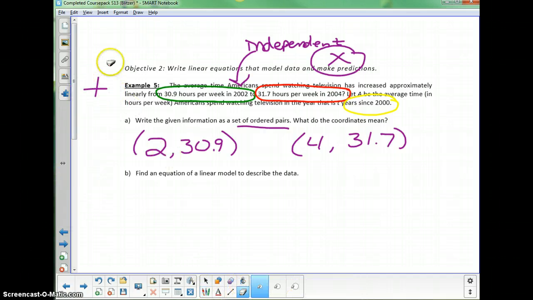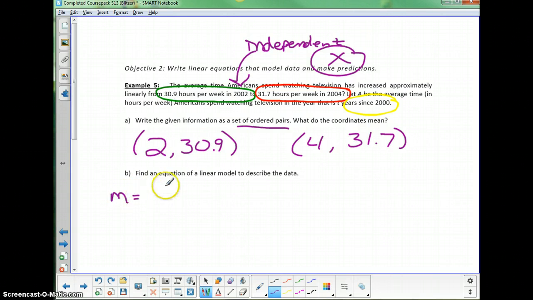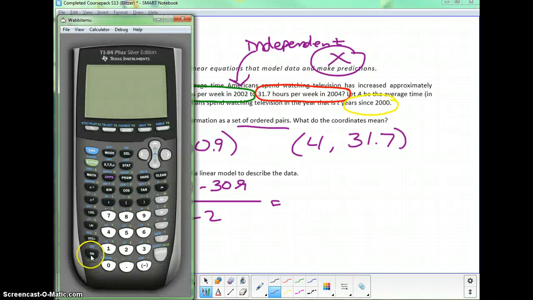Okay, let's write the equation of this line. And we know that before I can write an equation, I need to find the slope first. So we're going to start with slope. So we're going to do 31.7 minus 30.9 over 4 minus 2. Okay.